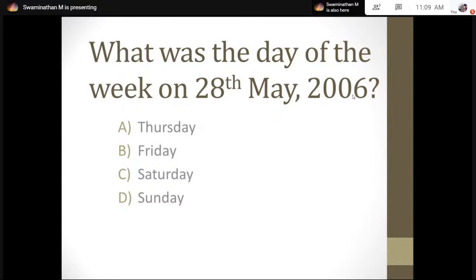Since century leap years have 0 odd days, you have to keep that in mind and find the number of odd days till 28 May 2006 so that you can find the day.